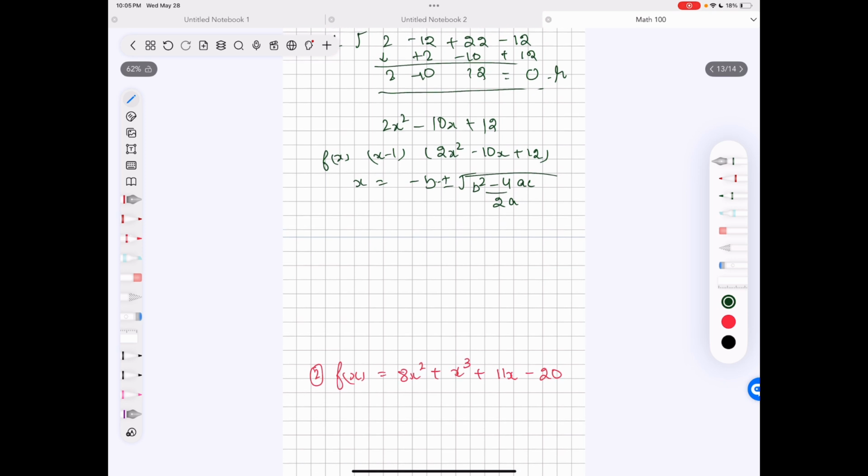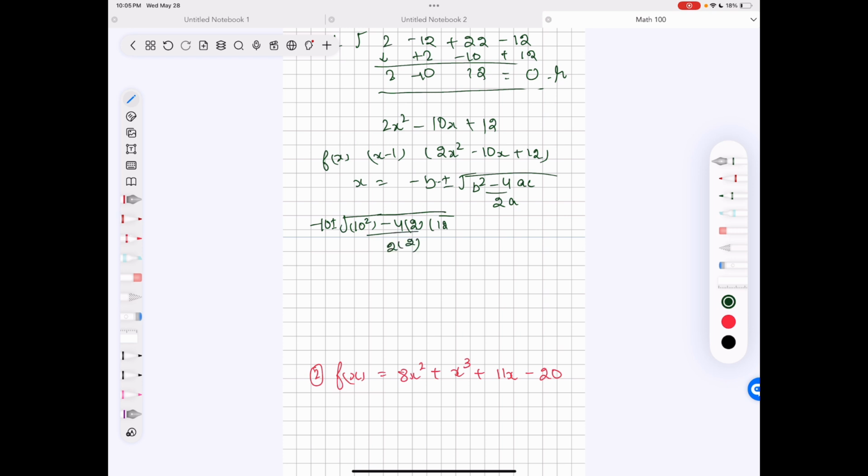So we will just plug in the values. Our b is negative 10. So it's going to be negative negative 10 plus or minus the square root of 10 squared minus 4 times our a, which is 2, and our c, which is 12, divided by 2 times 2.